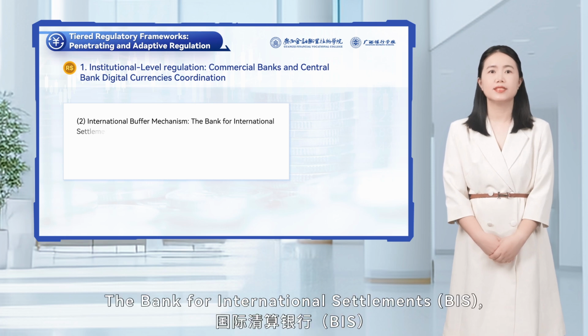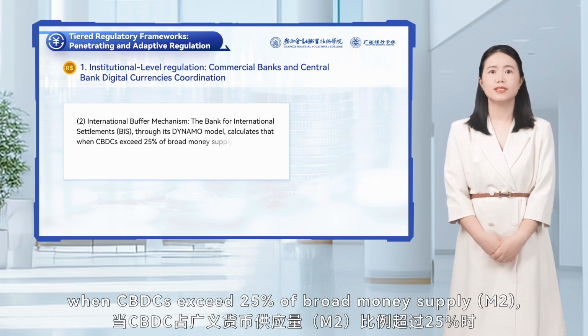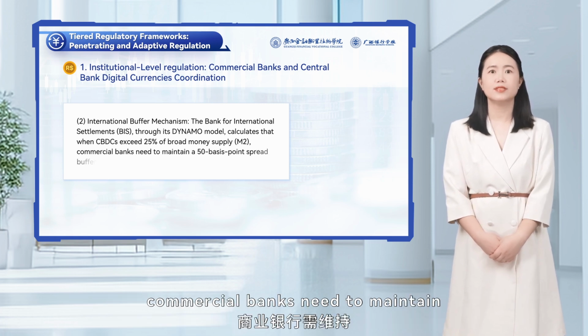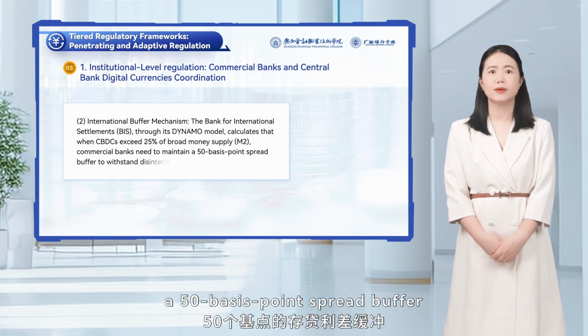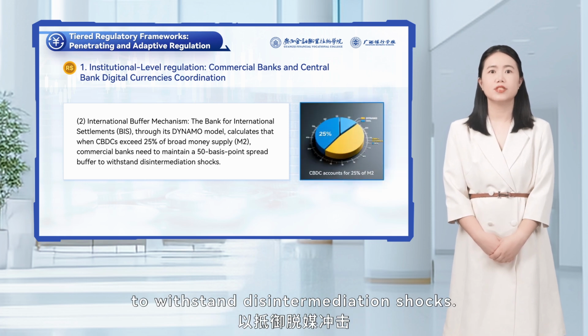The Bank for International Settlements, BIS, through its Dynamo model, calculates that when CBDCs exceed 25% of broad money supply, M2, commercial banks need to maintain a 50 basis point spread buffer to withstand disintermediation shocks.